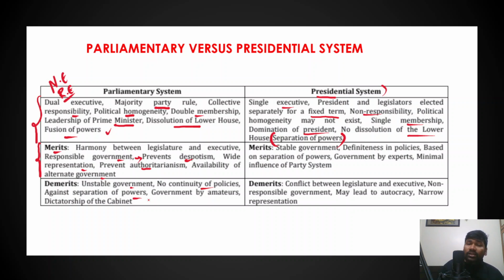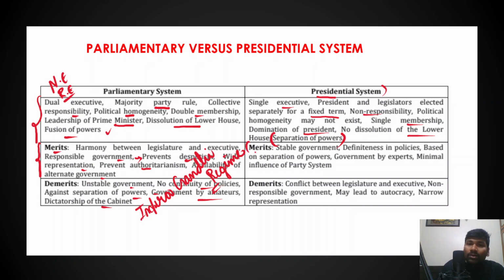In fact, it is considered a government by amateurs, and it also leads to the dictatorship of the cabinet that we have seen during the Indira Gandhi regime. During Indira Gandhi's tenure, we have seen the dictatorship of the cabinet.